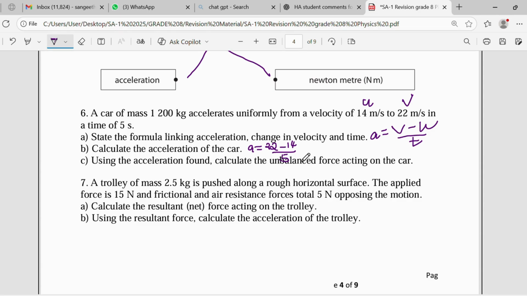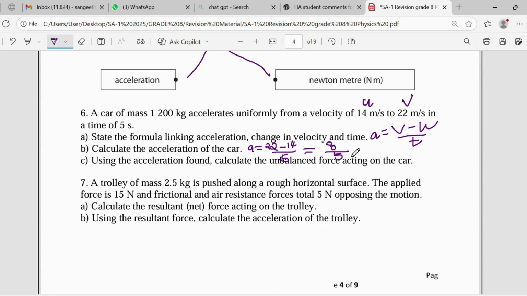Time is given as 5. So 22 minus 14 equal to 8 over the time 5.